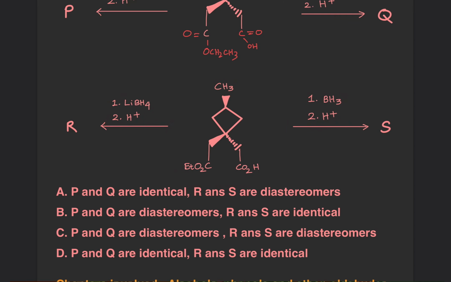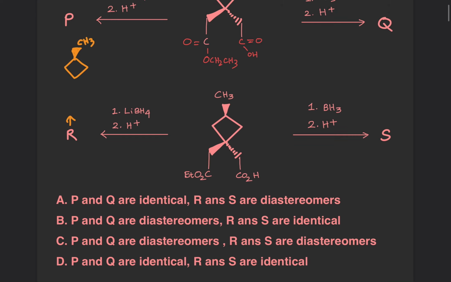So from the previous discussions, R will be the ring, CH3, C double bond O, O, CH2 O. And yes, I'm sorry, this will be S.